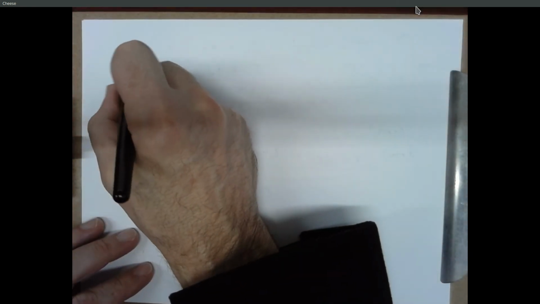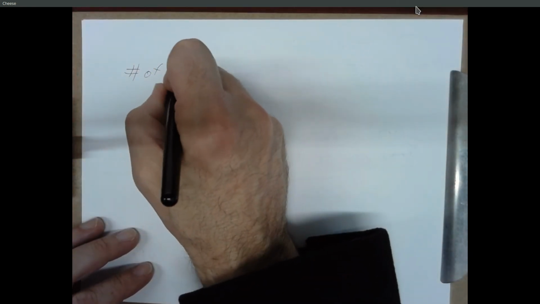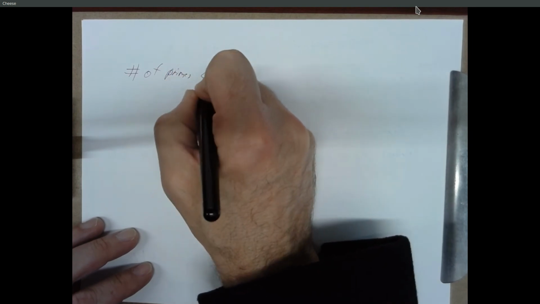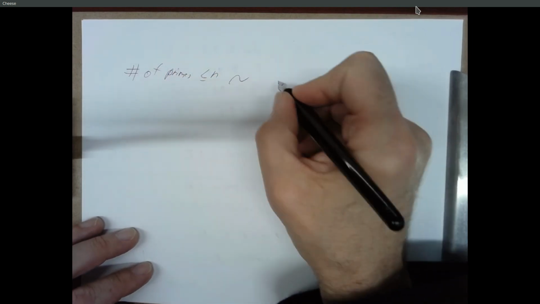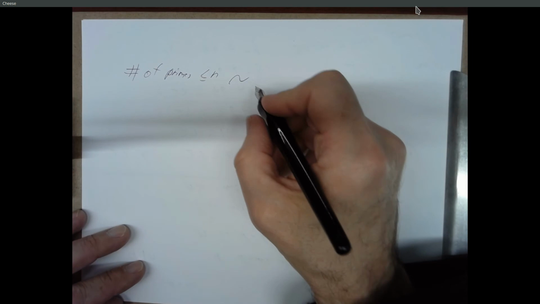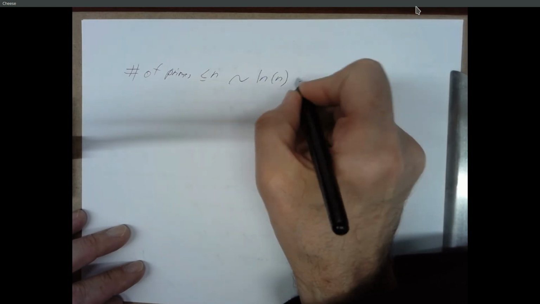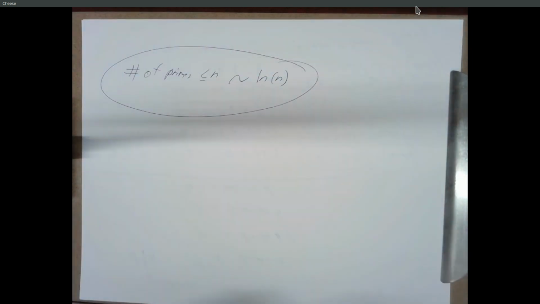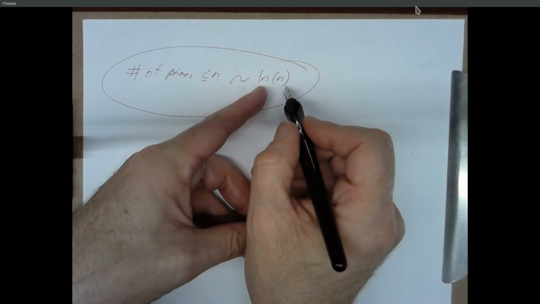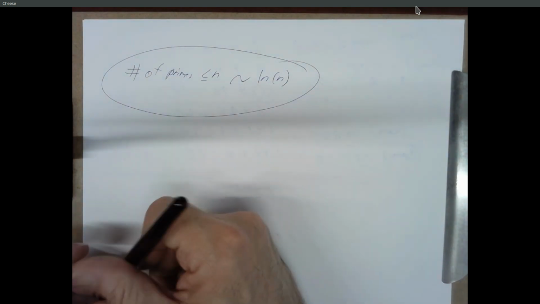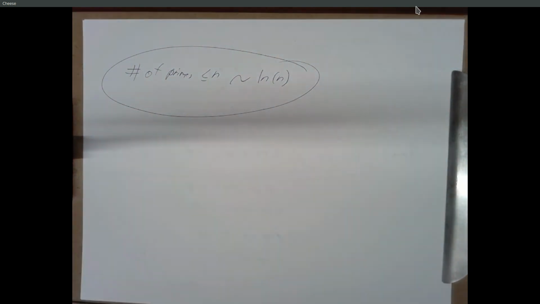The number of primes less than or equal to n is asymptotically equivalent to n over the natural log of n, meaning as n gets bigger, this gets closer and closer to that. So the number of primes less than or equal to a skrillion is approximately that, but it's not a very good approximation because a skrillion is really a small number.